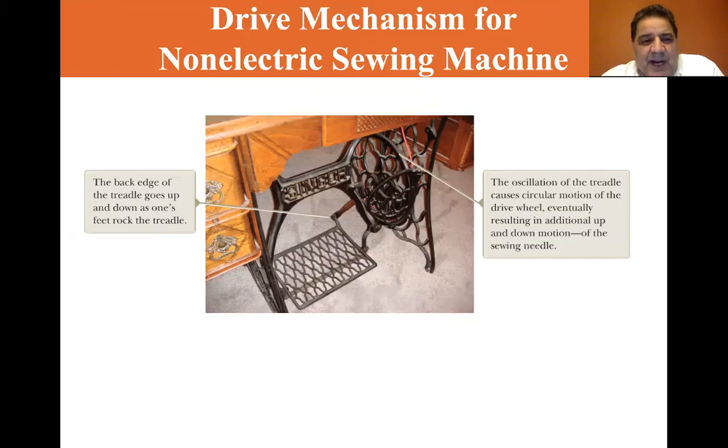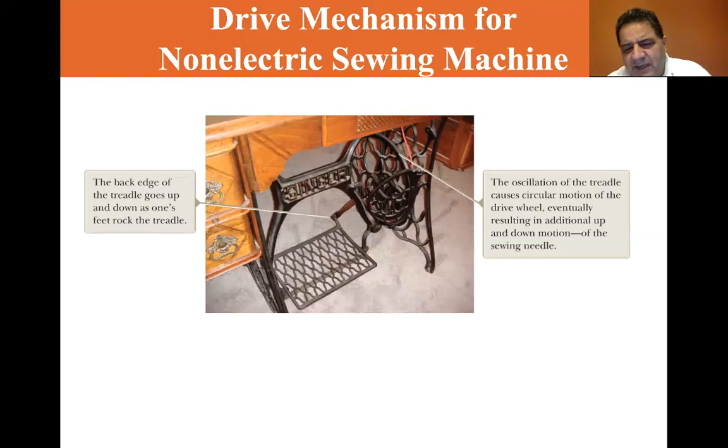Let's read the boxes. The back edge of the treadle goes up and down as one's feet rock the treadle. The oscillation of the treadle causes circular motion of the drive wheel, eventually resulting in additional up and down motion of the sewing needle. So your foot pedal makes a circular motion, which turns another circle and makes the needle go up and down.